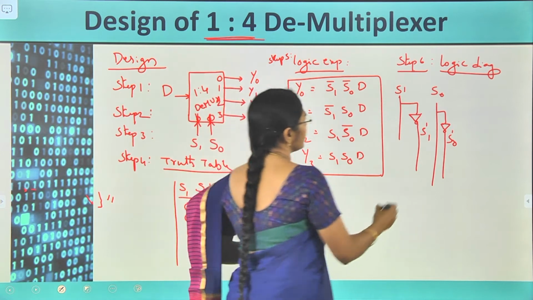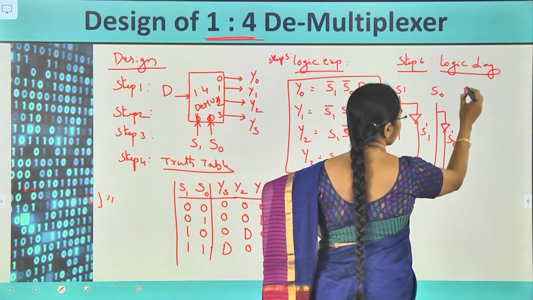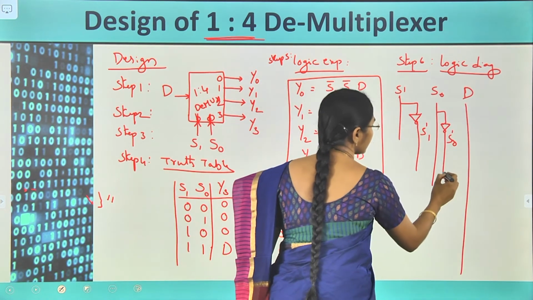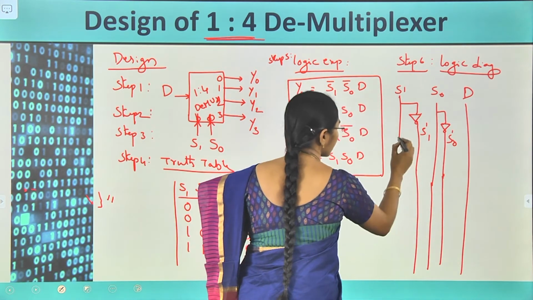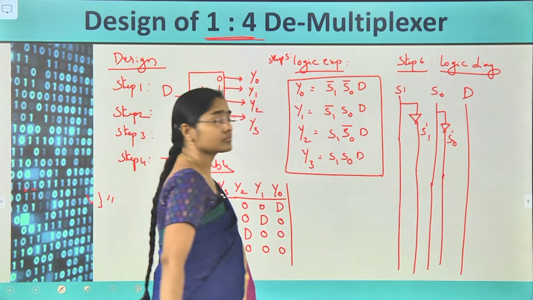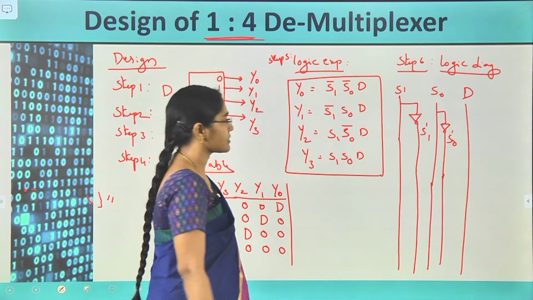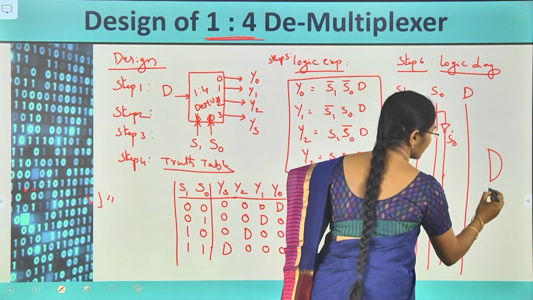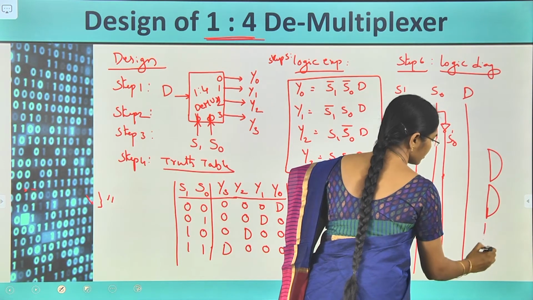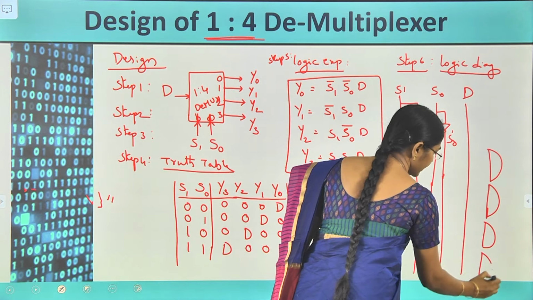Then input signal D. These are the inputs required for drawing the logic diagram of the 1 to 4 demultiplexer. How many AND gates are required? 4 AND gates. 1, 2, 3 and 4.